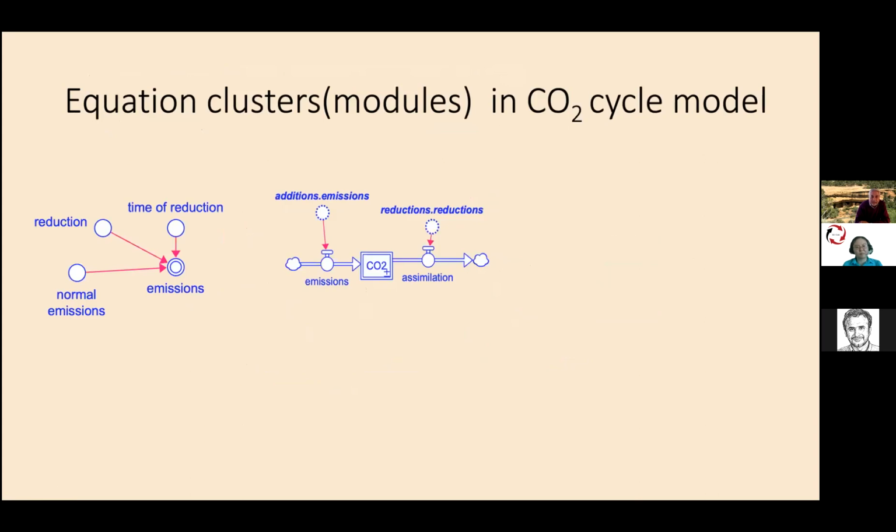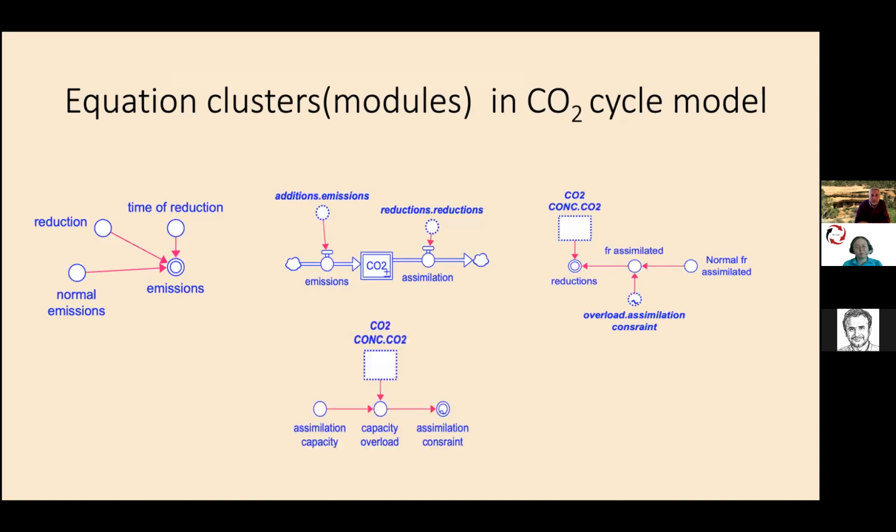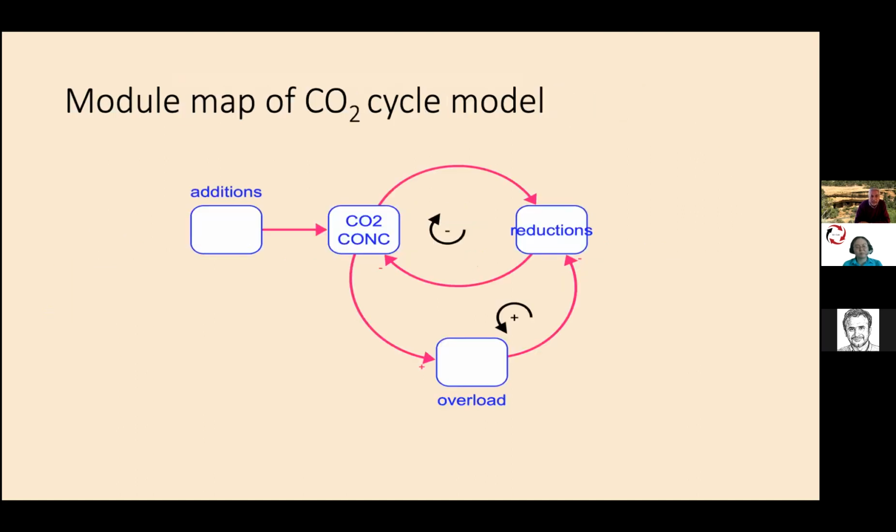There is the carbon dioxide stock tracking. There is the fraction assimilated, again, a bunch of equations there. And then there is the capacity overload, a bunch of equations. And if you place them in modules and create a map of the modules, we have the feedback loops driving it, which can explain the behavior of the system.